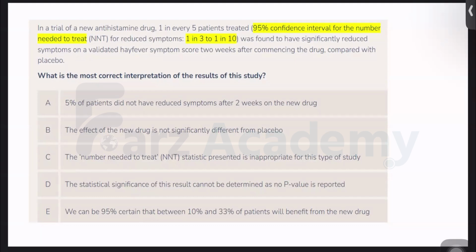So the range of values you will get, that is why you say you're confident about it. That is confidence interval. You will be confident that 95% of people are going to fall within this range of standard error of the mean.